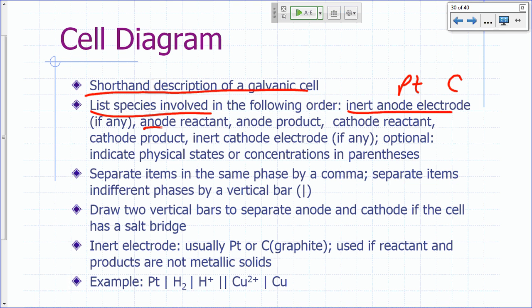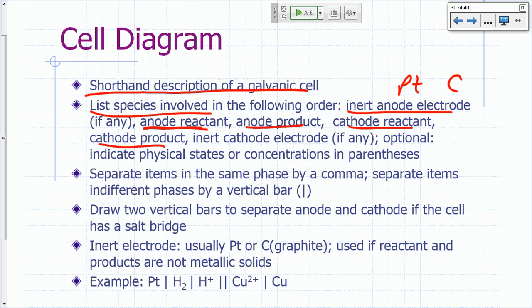Then you list the anode reactant, just the actual species, the ions or molecules involved, then the anode product. So the anode reactant is the species that is oxidized, and the product would be what it's oxidized to. And then the cathode reactant, and then the cathode product.